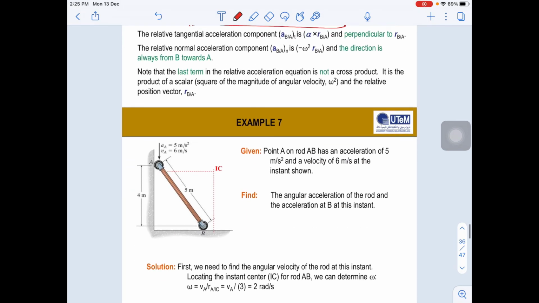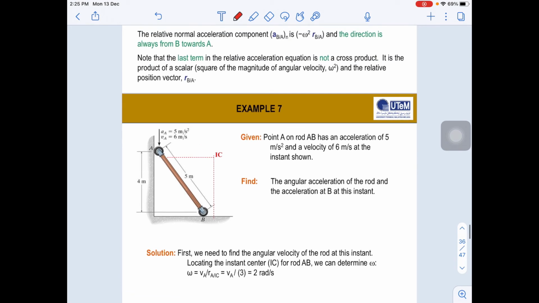Alright. So let's look at this example. So let's say you have this point A move to the below, as shown. So find the angular acceleration of rod and acceleration at B. So find what is AB and what is alpha.